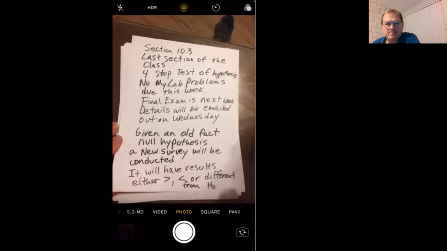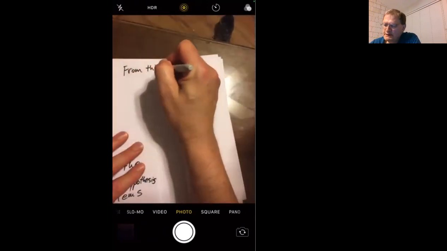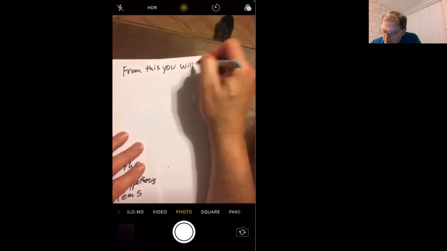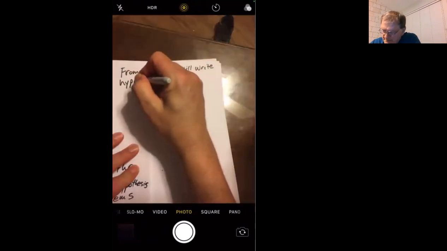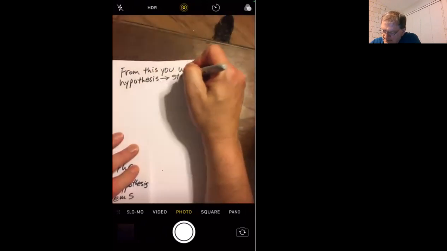This will allow you to write hypotheses. From this, you will write hypotheses. This is step 1.